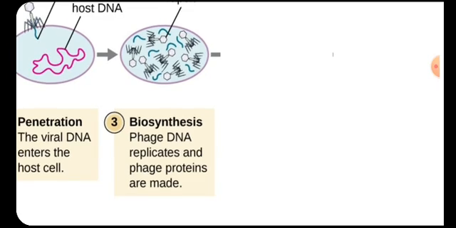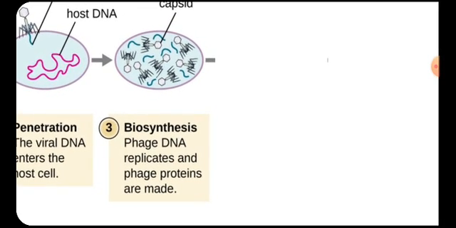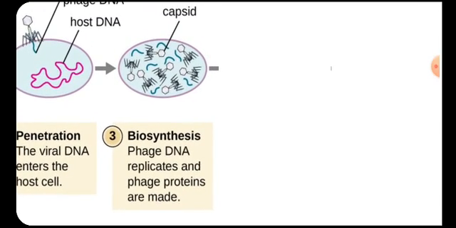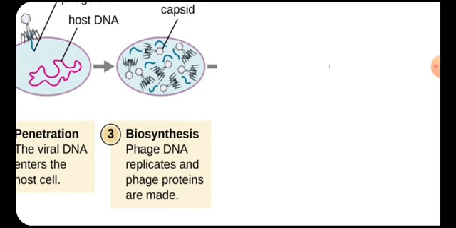Then after transcription, it undergoes translation. Translation leads to the synthesis of structural components of this bacteriophage, that is, the proteins required for synthesis of capsid, proteins required for construction of contractile sheath, base plate, and tail fibers. That means translation leads to the synthesis of components of bacteriophage.